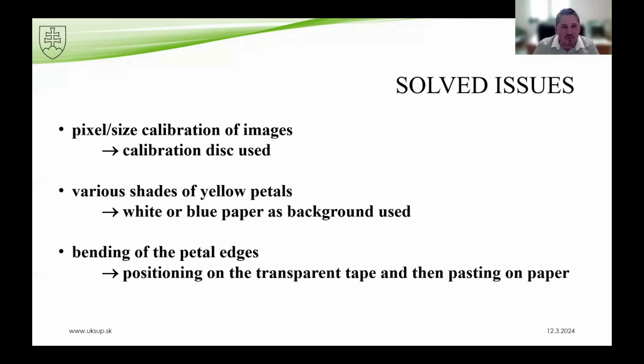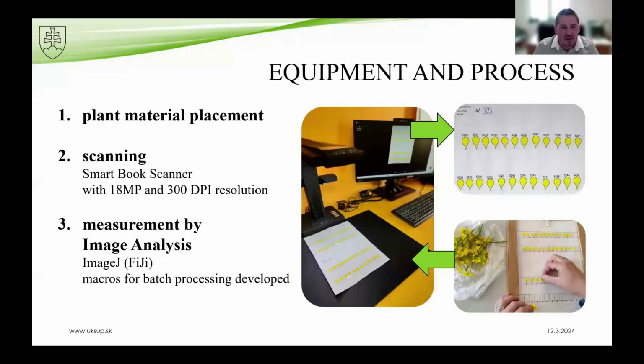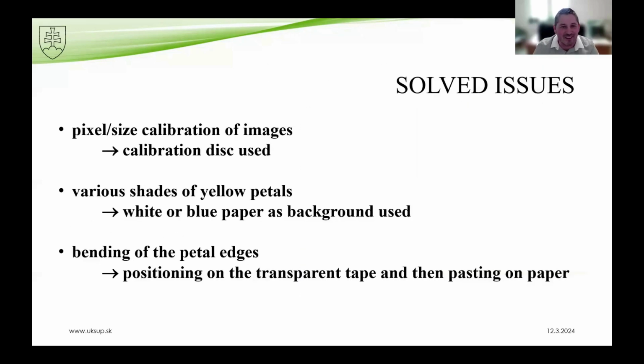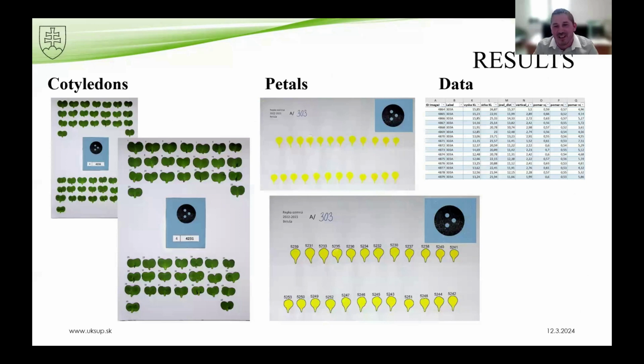Please go back on the previous slide. Yes, the next slide, sorry. Yes, thank you. Here you can see examples of scanned images before and after image analysis processing. Results data are in Excel format and all measurements are in millimeters.